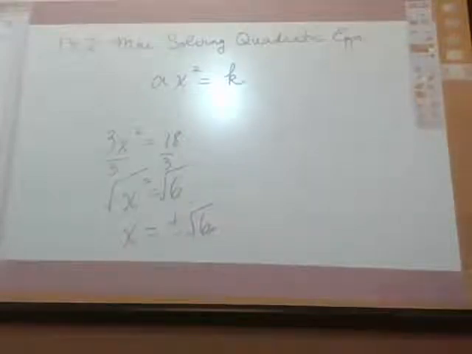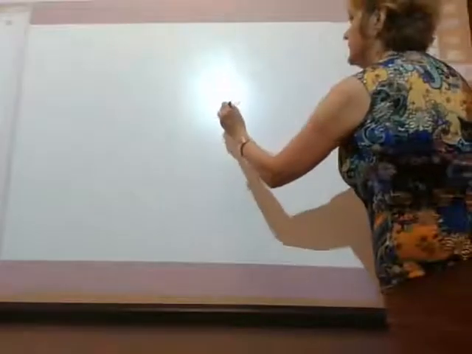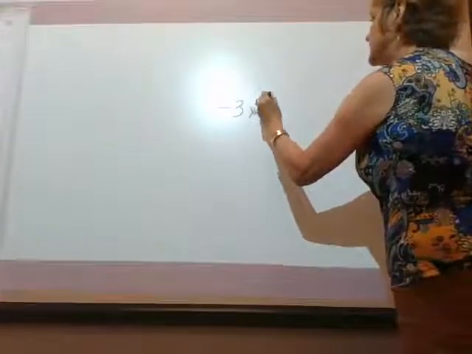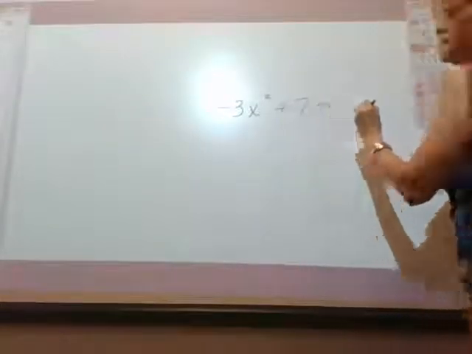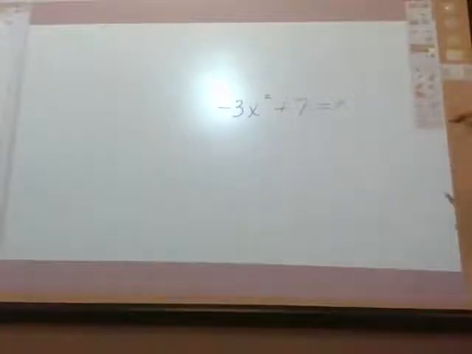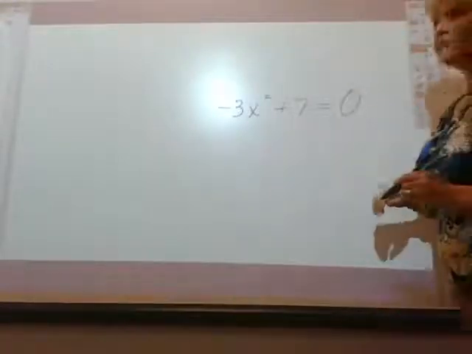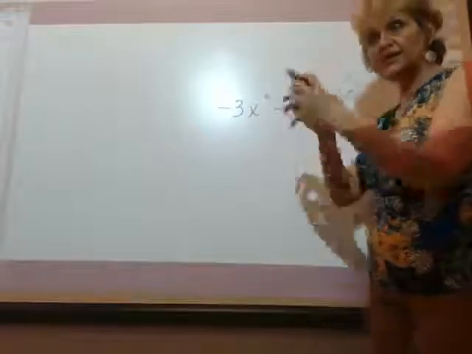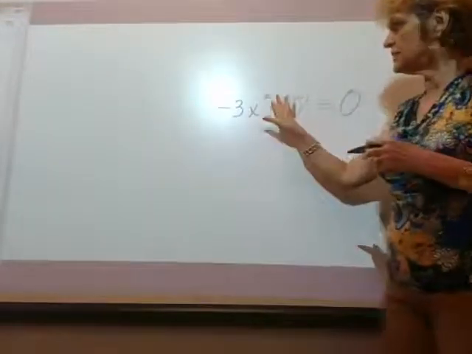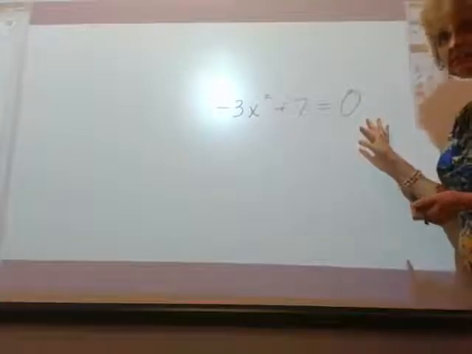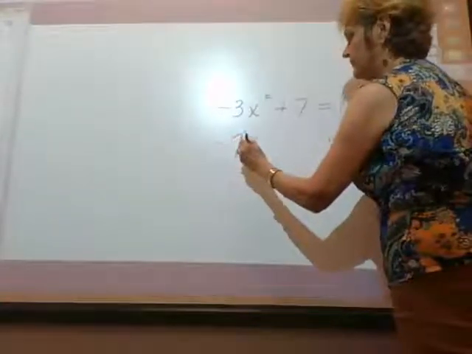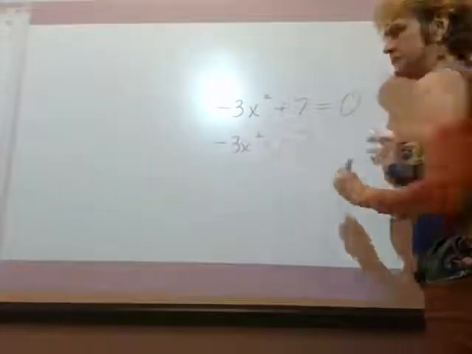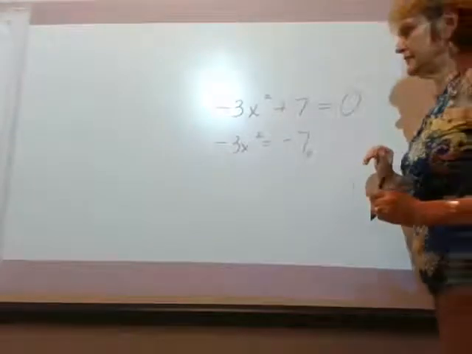example. Let's do negative 3x squared plus 7 equals 0. I want to get that in that form where x squared equals something. So I could just subtract 7, right? Everybody see that? Okay.